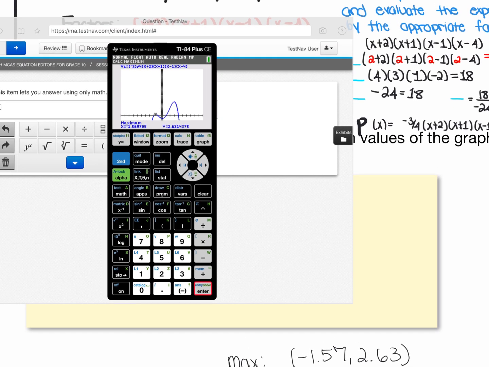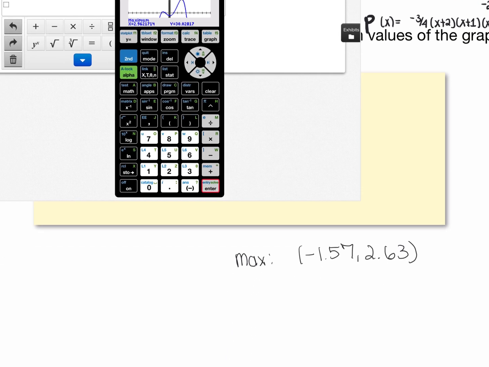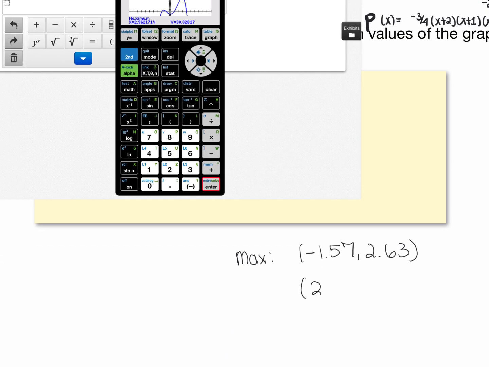Okay, now we're going to get our other maximum point. I go to second, go to maximum, go to the left of this other point, enter, go to the right of this other point, press enter, go to the point, press enter, I get 2.96, comma 30.03. There we go. Then we do our minimum point. We have one minimum point.